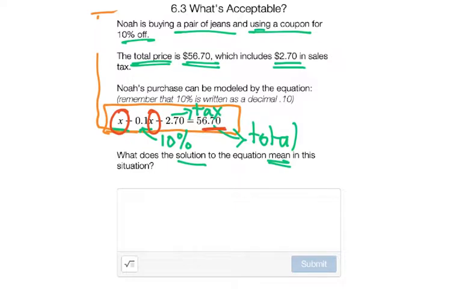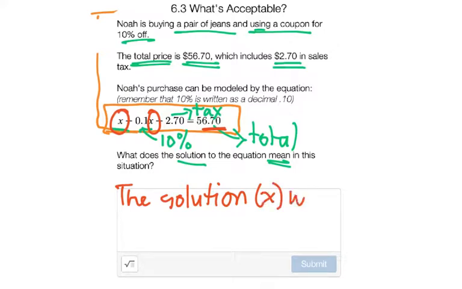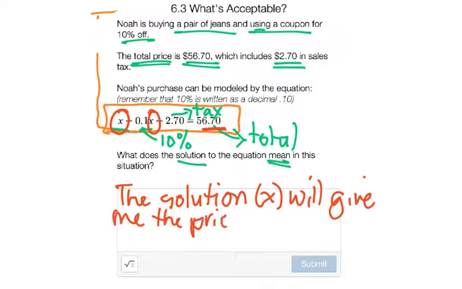Do I see how much the pair of jeans were anywhere in this problem? No. The solution, which will be X, will give me the price of the jeans. That's what it meant.